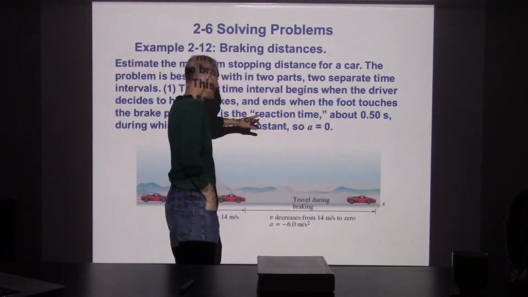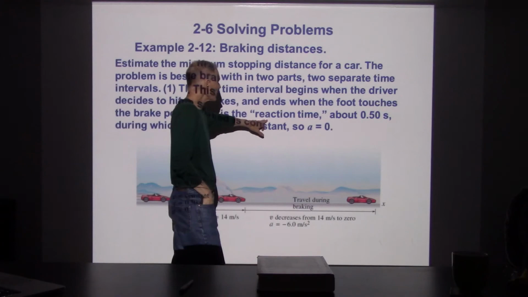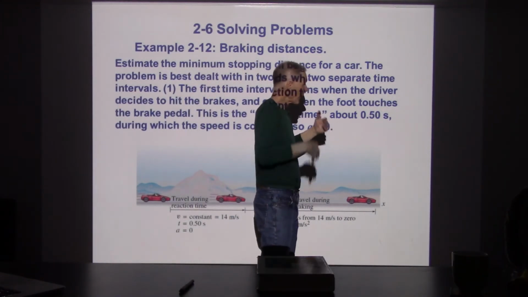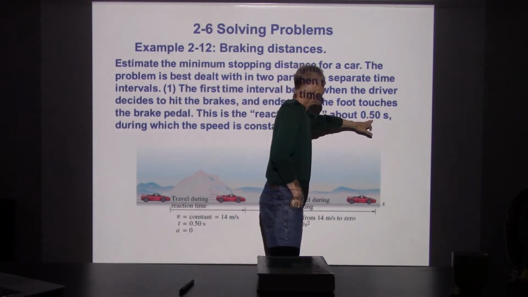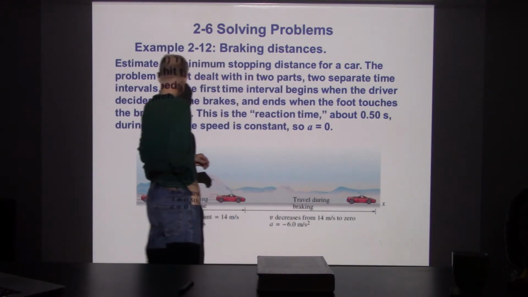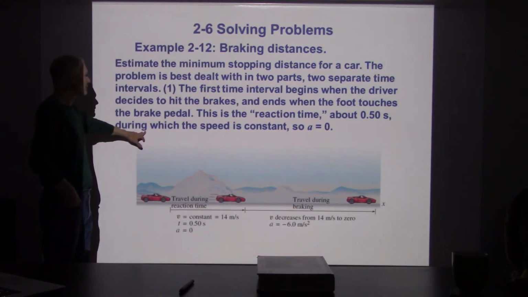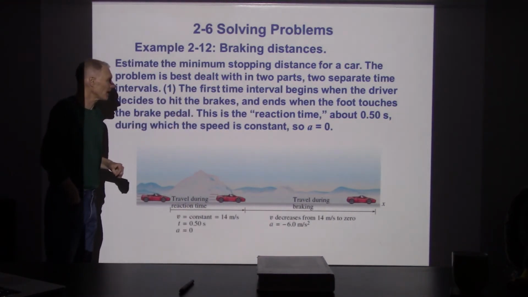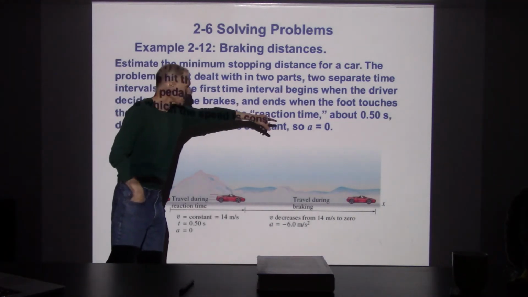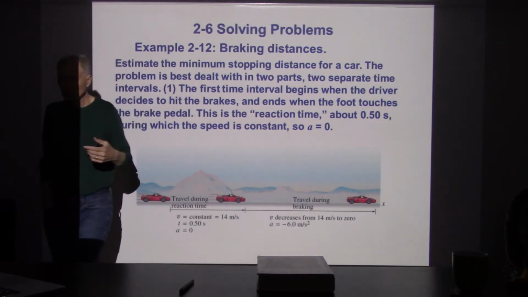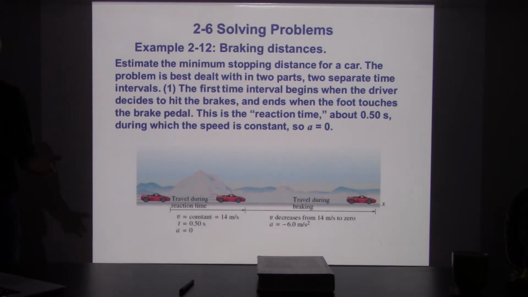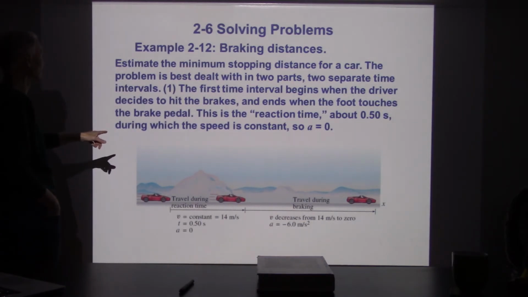So they're saying that for a driver, a reaction time typically for an alert driver is about half of a second. And during that time, the speed will continue to be constant. So for a half second, we want to include constant velocity. And then after that, we're going to have this thing slow down.